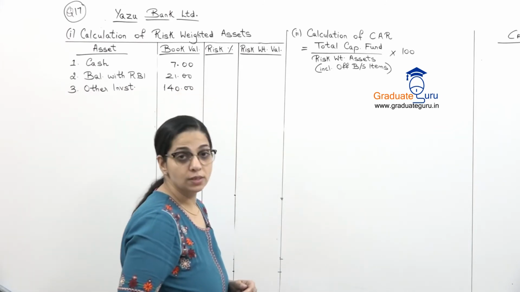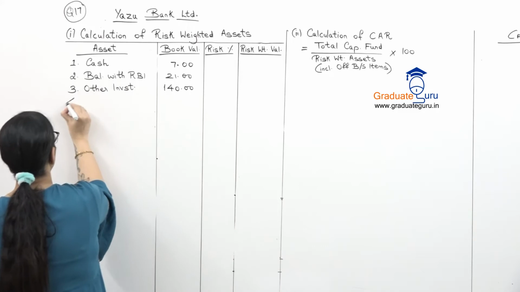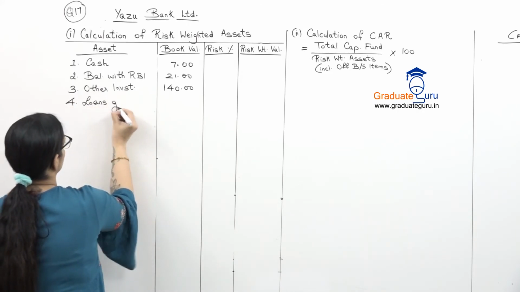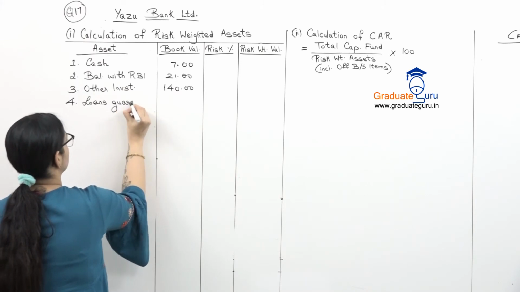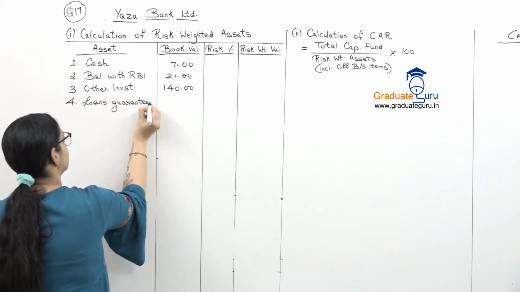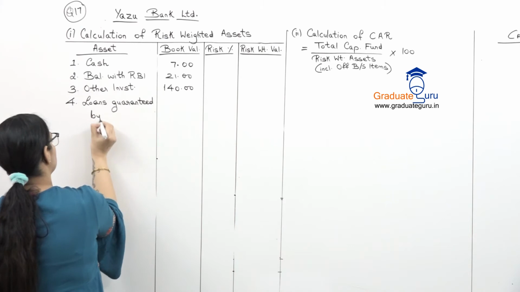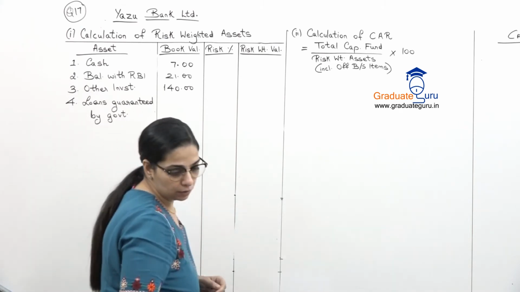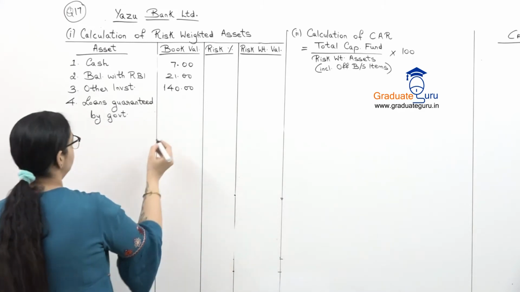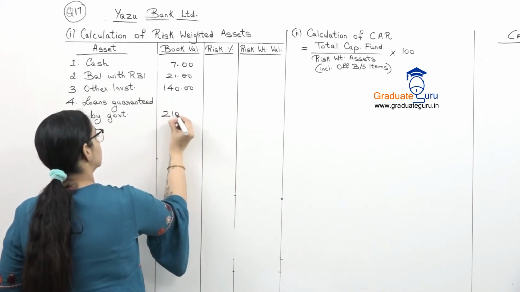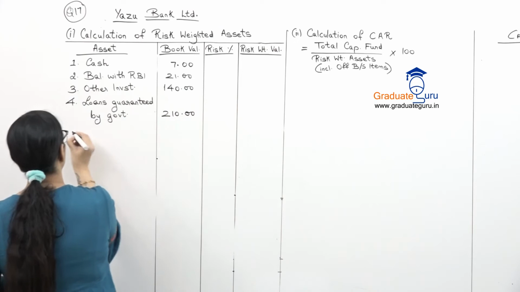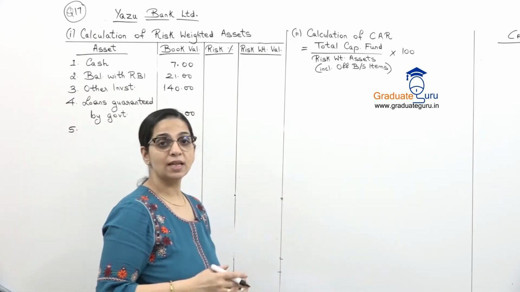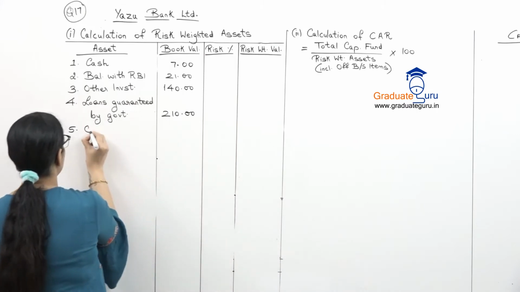Then we have loans guaranteed by government. And the amount for that will be 210. Then we also have other loans and advances of 2730.